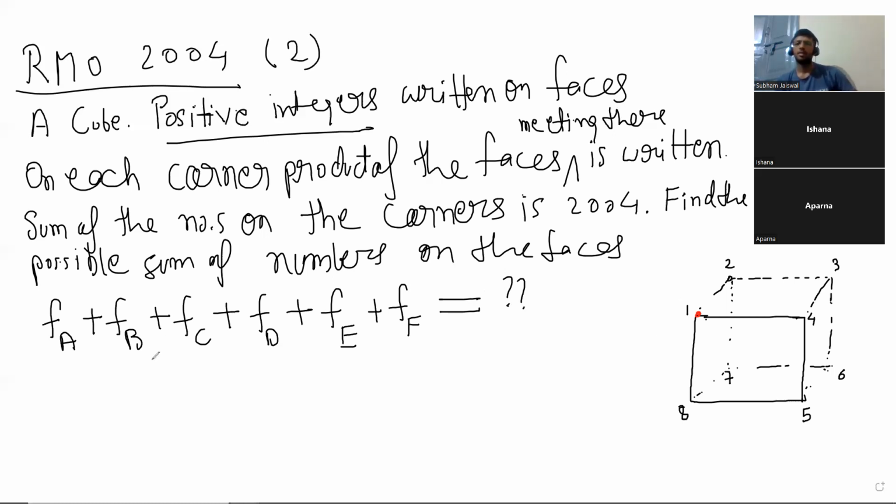So face A is some number, face B is some number, C, D, E, F. It won't matter, so anything you can, you can just call it ABCD. Yeah, they are not said to be distinct. It is just positive integers.